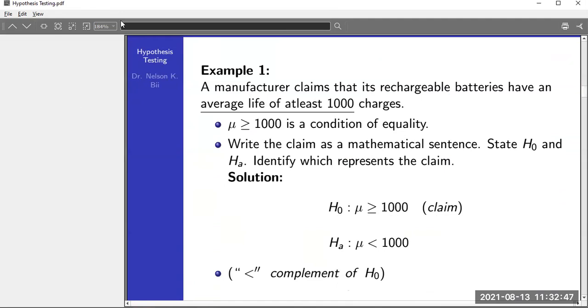I've underlined this intentionally because this is where we have the hypothesis, the claims of an average life. Average means mean, mu or expected value. So it has got an average life of at least 1,000. So at least means greater than or equal to, isn't it?